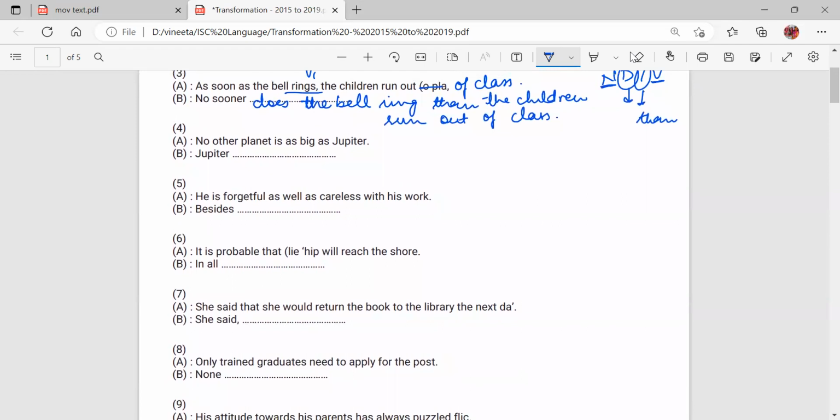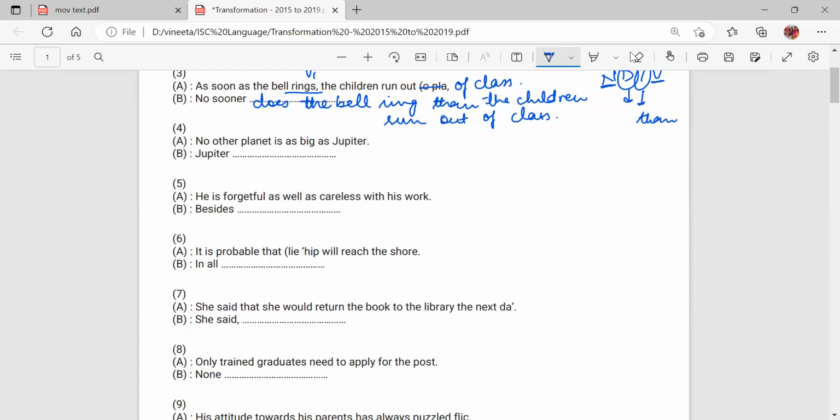Now look at the next. No other planet is as big as Jupiter. It is interchange of degree of adjective. As big as Jupiter, positive degree has been used here. Now you have to begin with Jupiter, and it can be done in two ways. Either you change it into comparative.